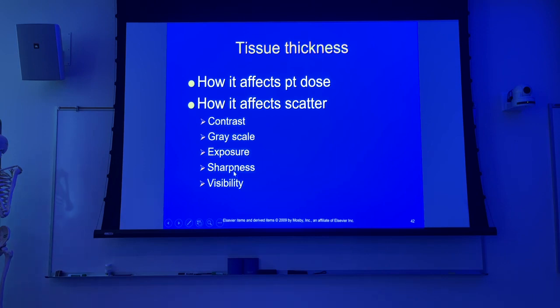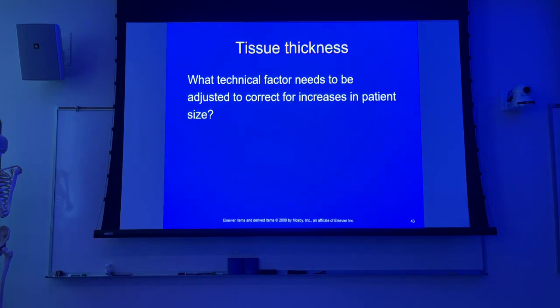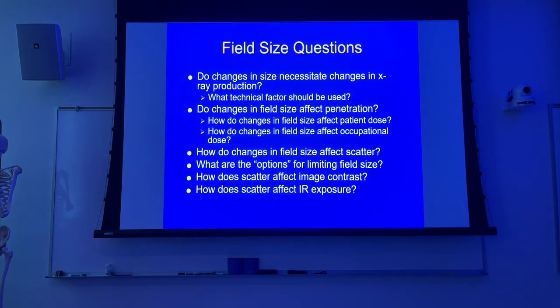You can have some differences in sharpness, and that would be because of an increase in OID more than anything else. And then visibility is all about the presence of scatter on the image receptor. So with tissue thickness, theoretically, visibility could decrease. Mass is a technical factor we need to adjust.